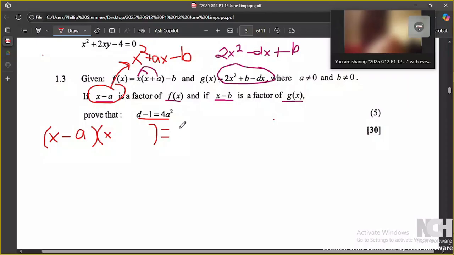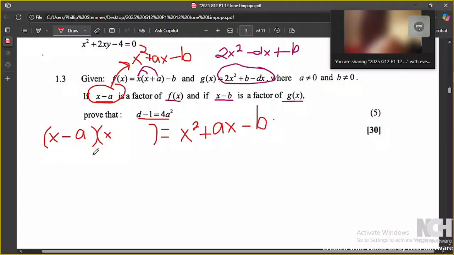Actually, it's equal to x squared plus ax minus b.